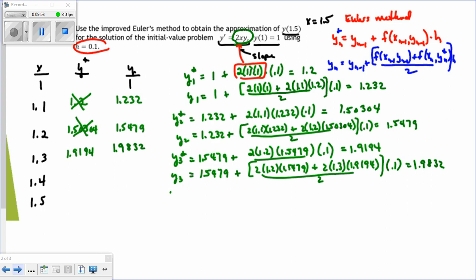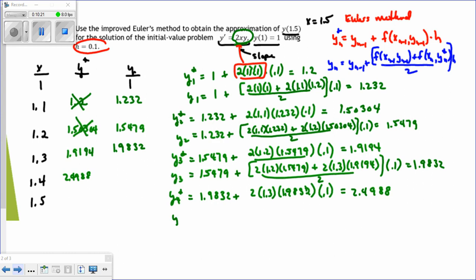Okay, now predict the fourth one using just Euler's method. The slope. And here's our h value. That comes out to be 2.4988. Okay, now use that to adjust the previous value.